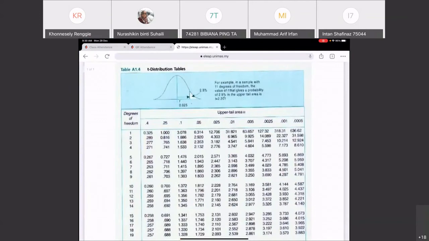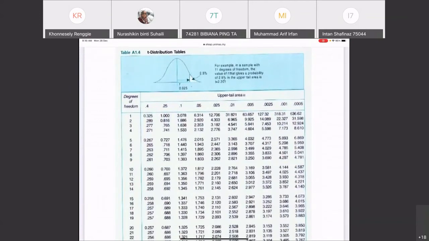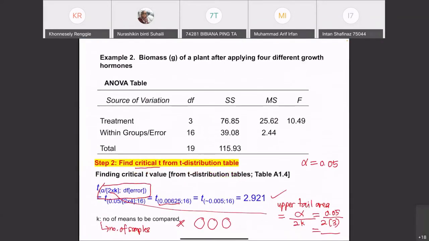If you see the table here, the most right value is 0.0005, right? Let me calculate this value. Okay, sorry, let me rephrase my words just now.